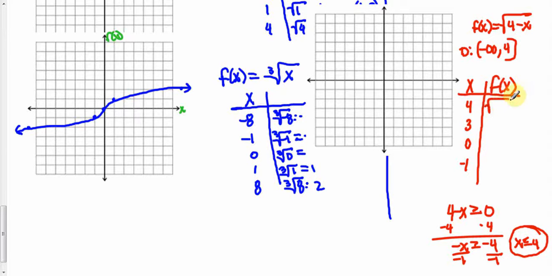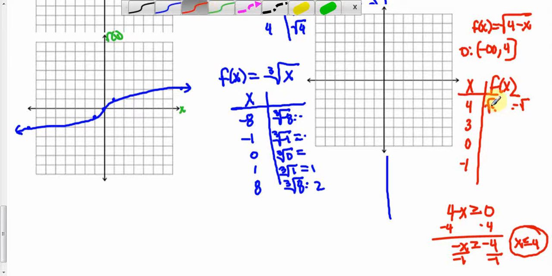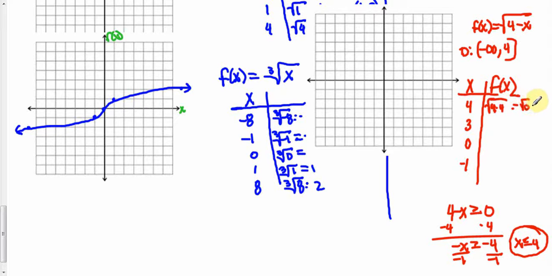So this becomes the square root of 4 minus 4, which is the square root of 0, which is just 0. So that ordered pair is 4, 0. Then I can put 3 in there.